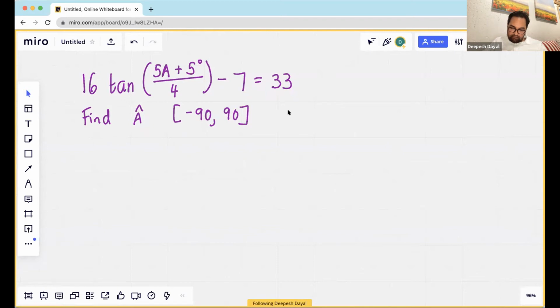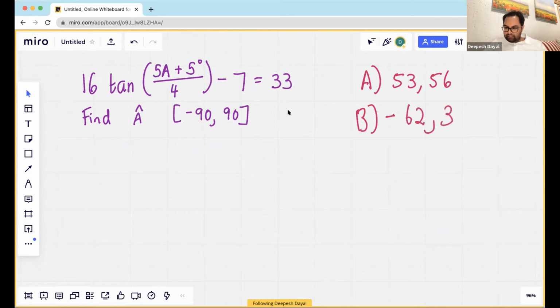It can be A, 53.56, B, minus 62.38, C, 72.98 degrees.